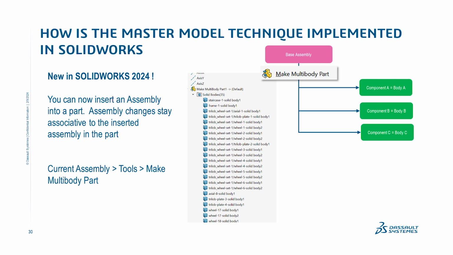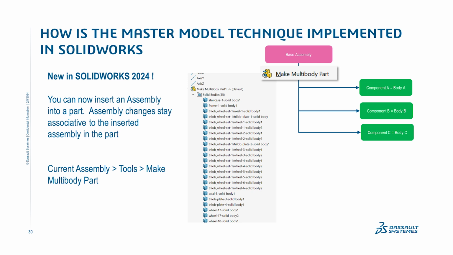Unlike before 2023, when you save that assembly as a part, in 2024 it actually stays associative to the original assembly. What I mean by that is that instead of inserting a part, you insert an assembly. It becomes a collection of bodies, and if any change is made to that assembly, those bodies will update in your master file.